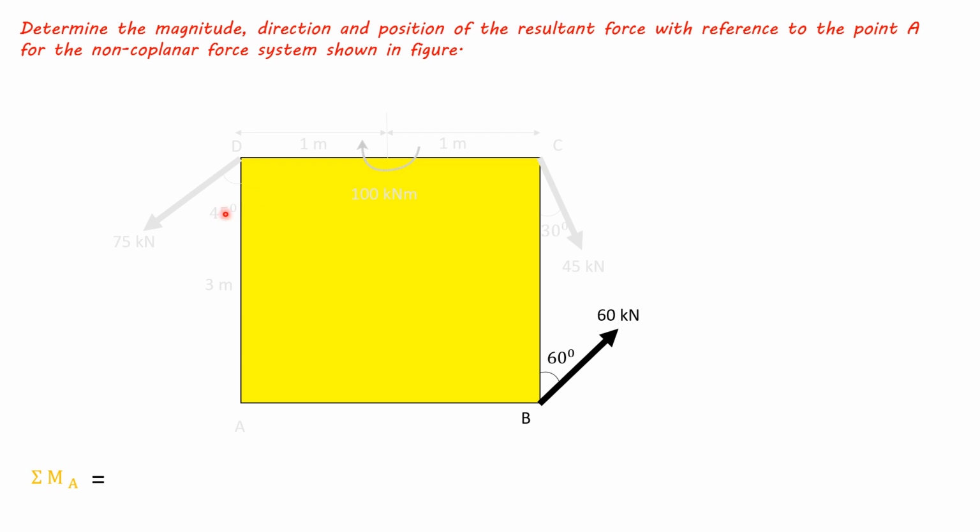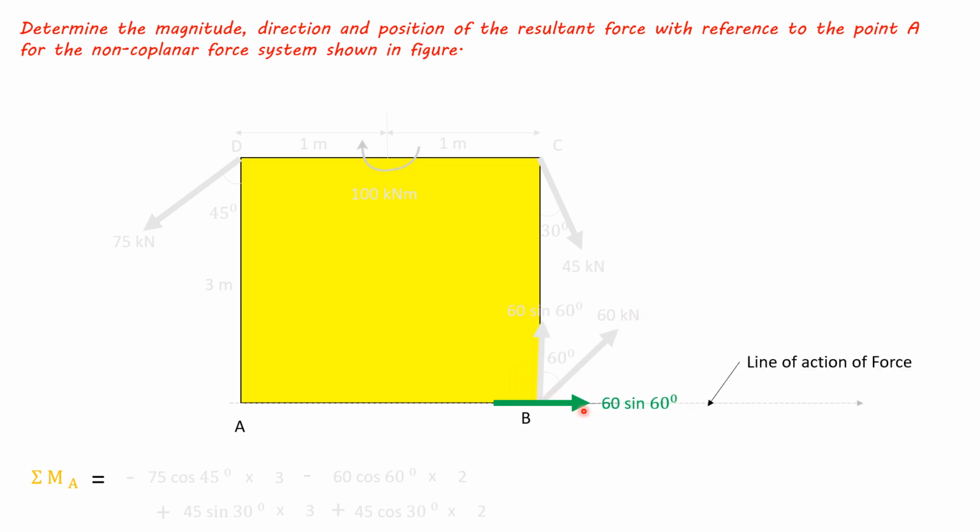Now, we know that resultant is in fourth quadrant, but we don't know where it is exactly. To locate it exactly, we have to take moment of all forces about point A. First consider these two components of 60 kN force.